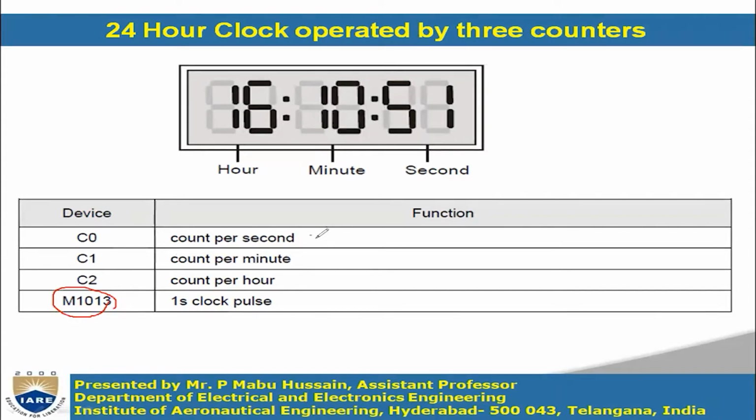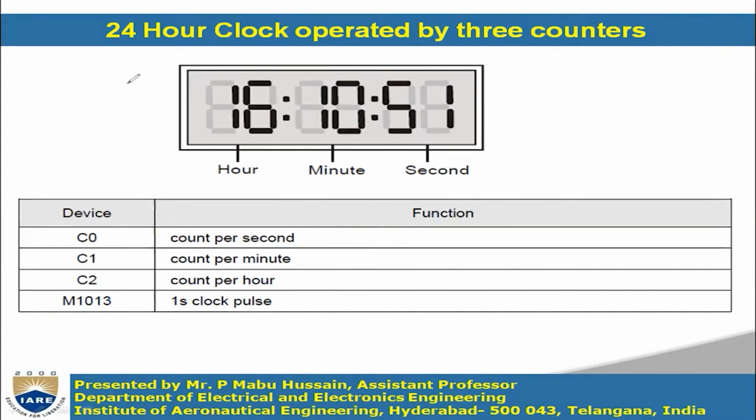Like that, it will increment up to 60 seconds. After 60 seconds has been reached, C1 has to increment its value by 1, and counter C0 has to reset. In a similar manner, C1 also will count the minutes up to 60. After 60 minutes, it will increment the hour counter by 1, and it will reset again to 0.